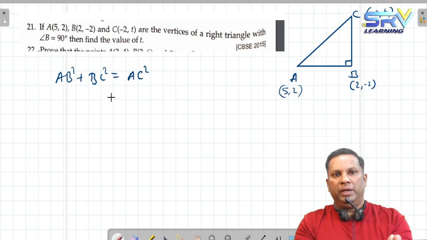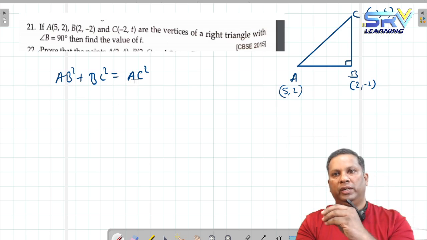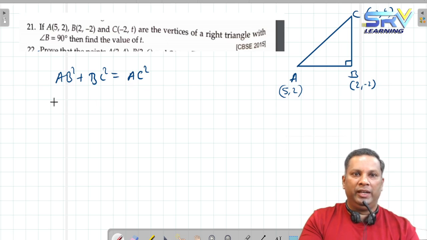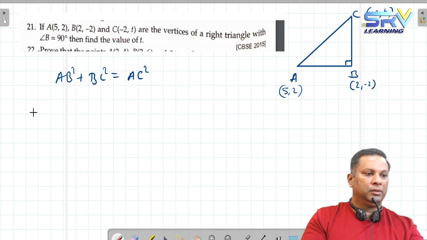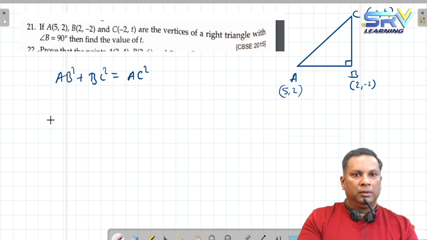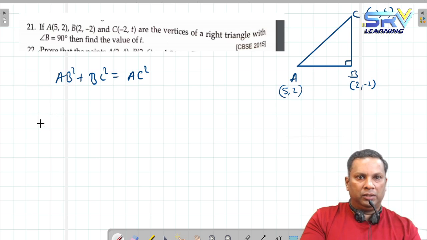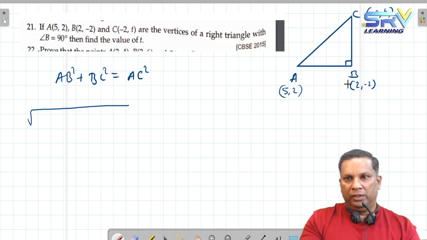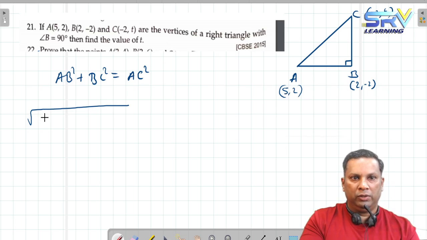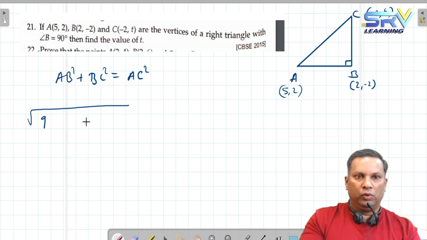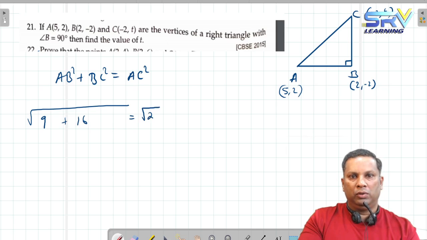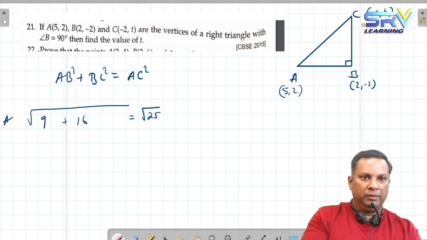So you have to find the length of AB, the length of BC and AC, and you have to find one unknown variable t, we will get that answer. So let us find AB. AB square is, let us go ahead and write AB square. 5 minus 2 is 3, 3 whole square is 9, and 2 plus 2, 4 whole square is 16, 16 plus 9 is 25, so it is root of 25. This is AB.